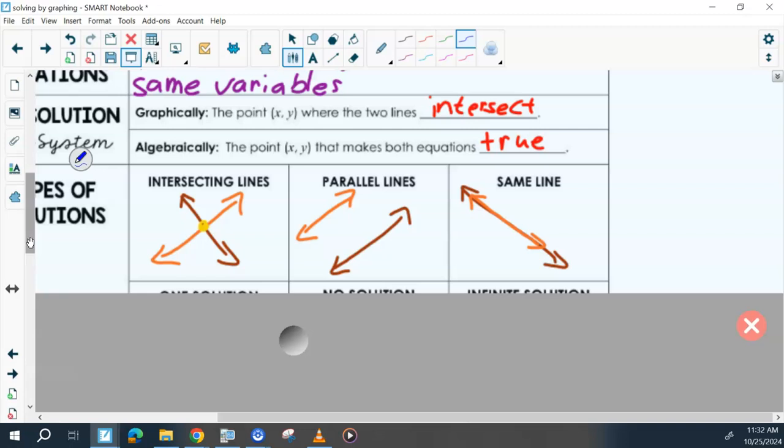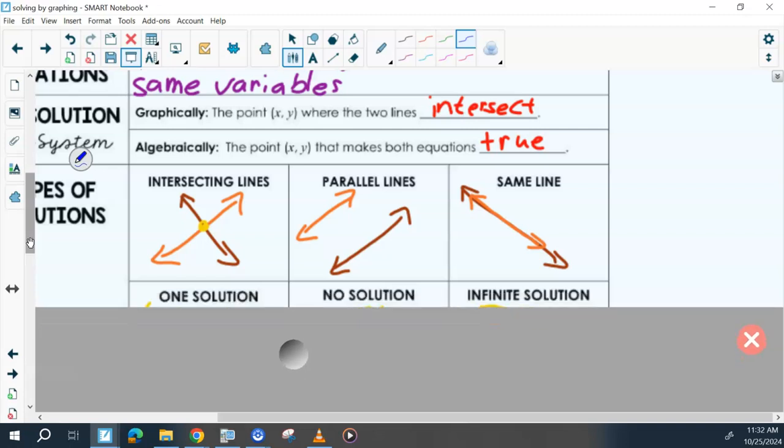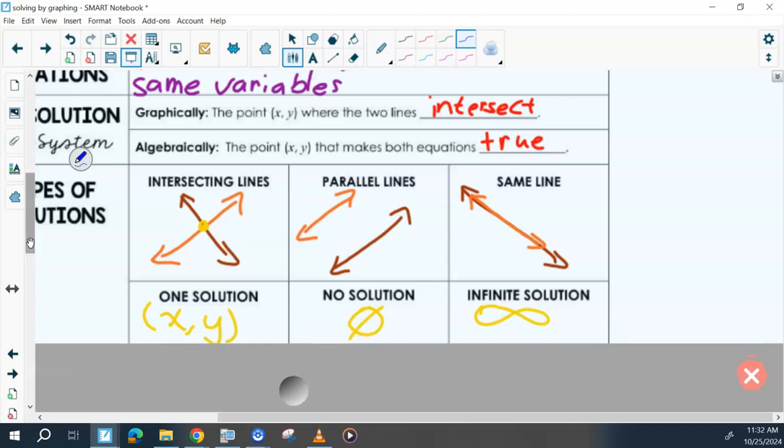They cross. And that's that one solution. So if you have 2 lines that cross, you'll get one solution, and that's going to give you some ordered pair x, y.